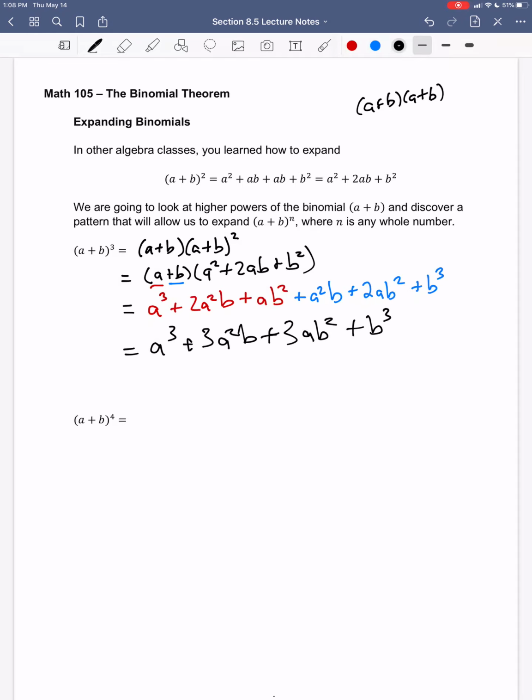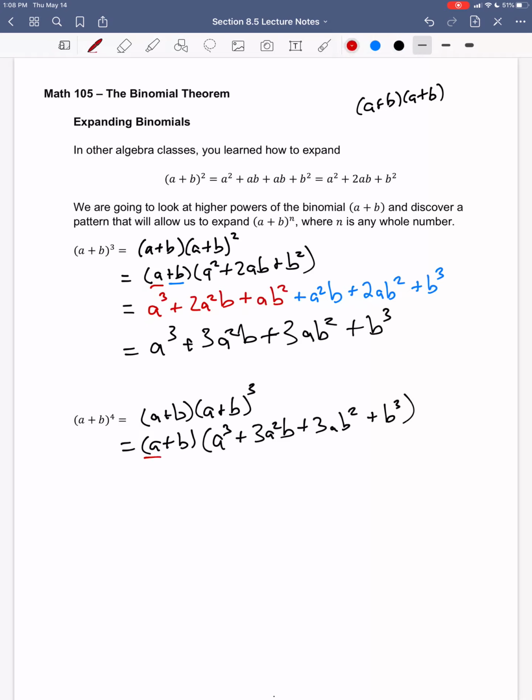So (a plus b) to the fourth would, again, I'll just peel away one of those (a plus b)'s, and then there'd have to be 3 left over, right? We have to have a total of 4. But I already know what that second one is. I just did that, right? (a plus b) to the third is a to the third plus 3a squared b plus 3ab squared plus b to the third. And I'm going to do the same sort of thing.